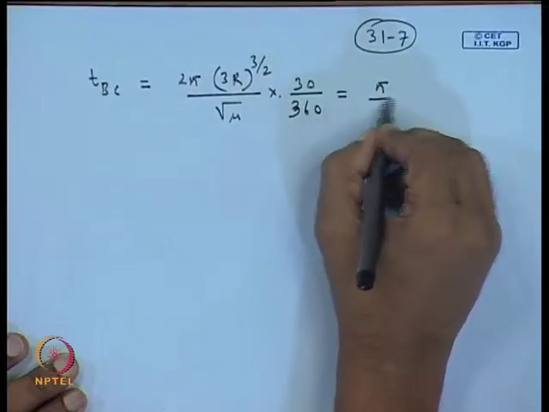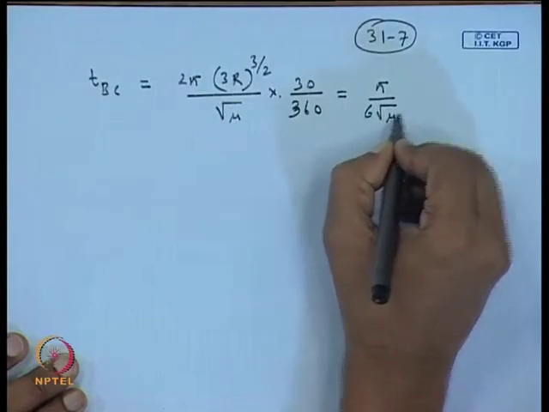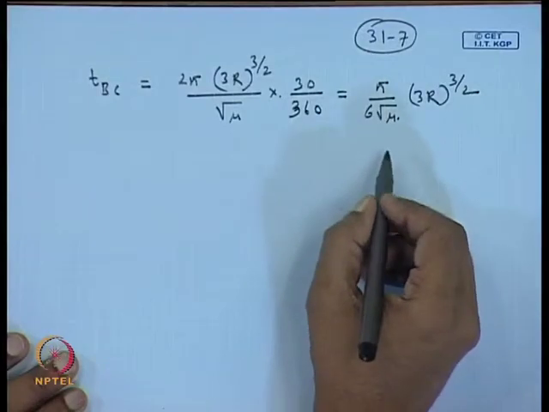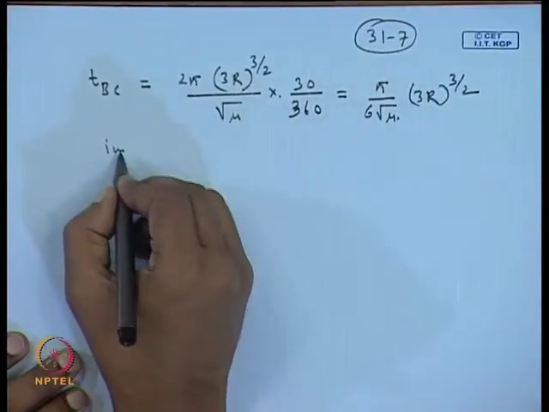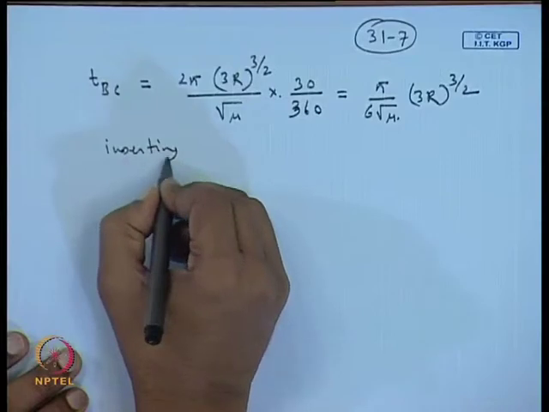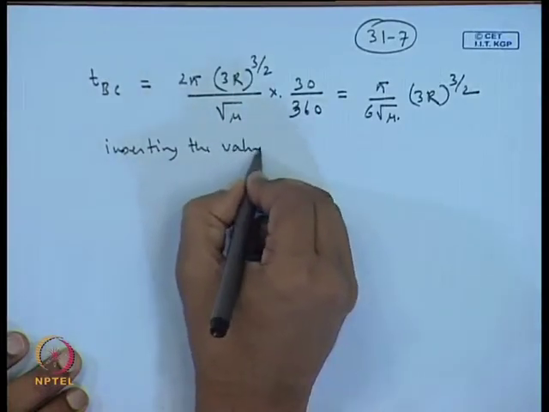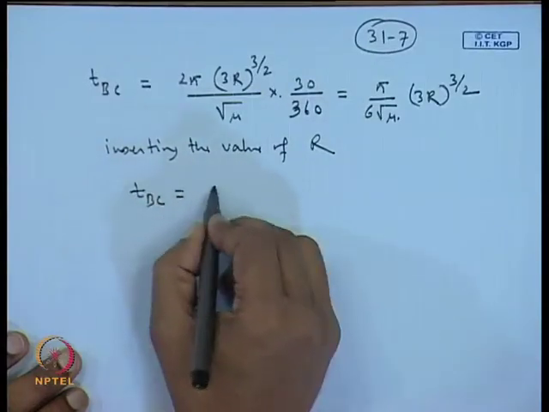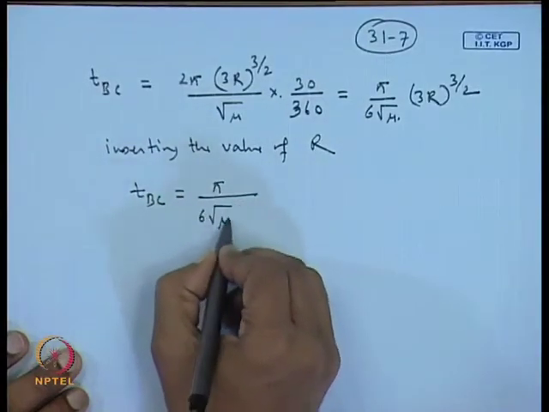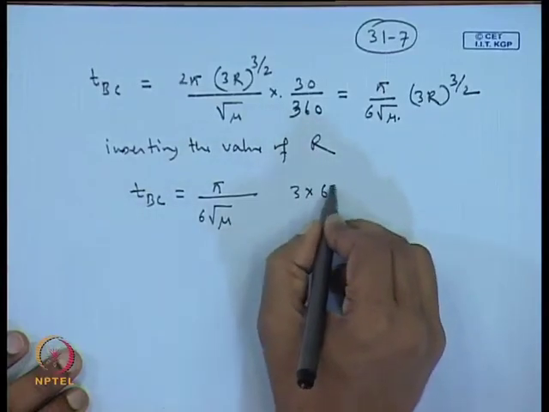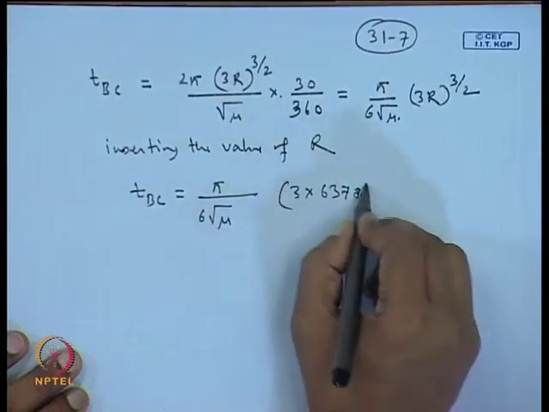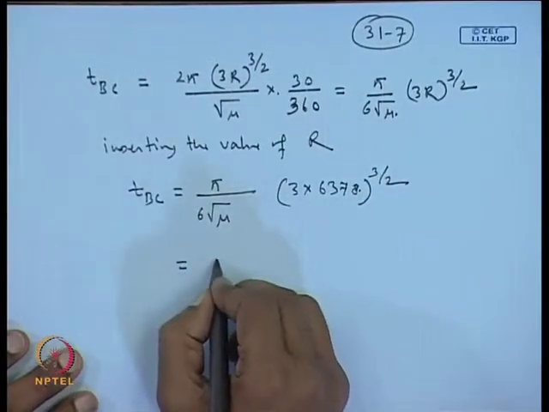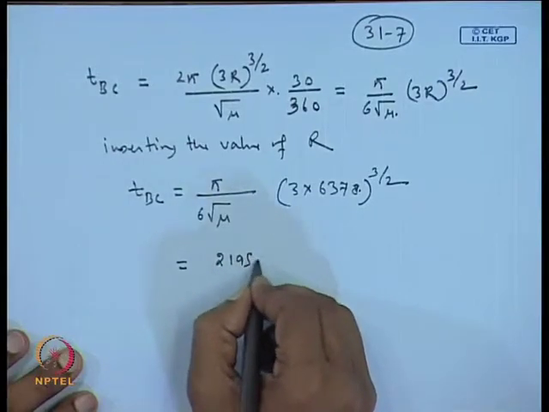So, this becomes pi by 6 mu under root times 3 r to the power 3 by 2, and inserting the value of r. So, TBC will get reduced to 3 times 6378, and this will give you approximately 2195.